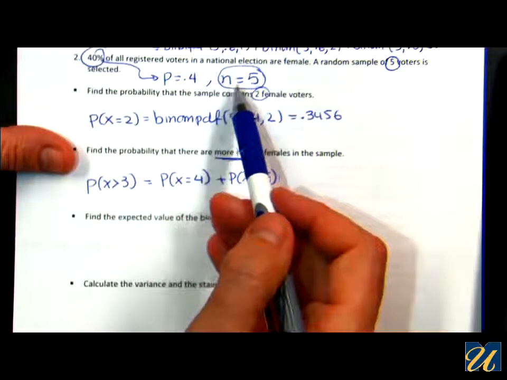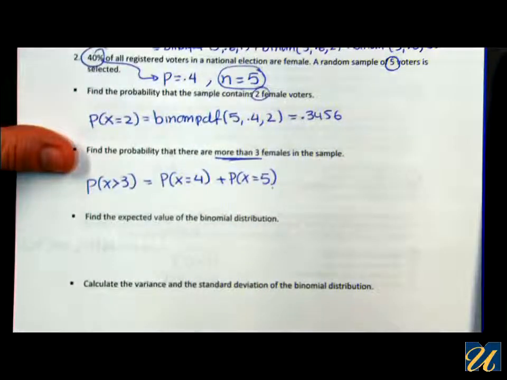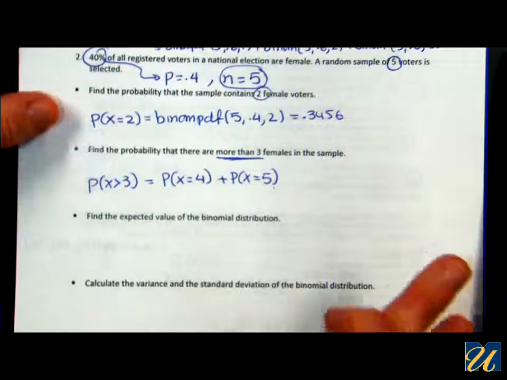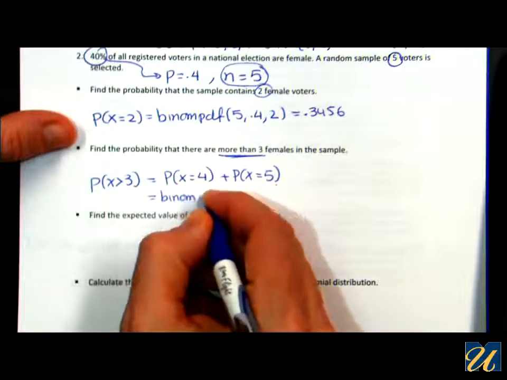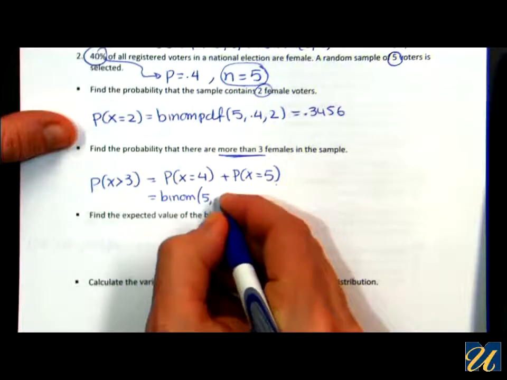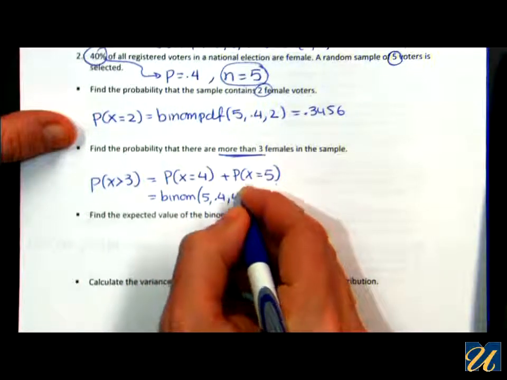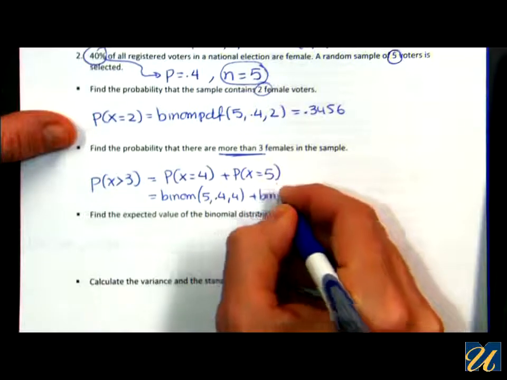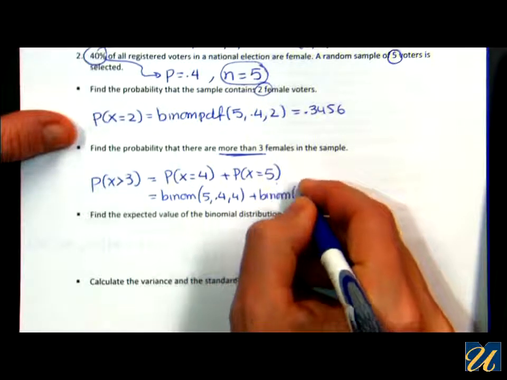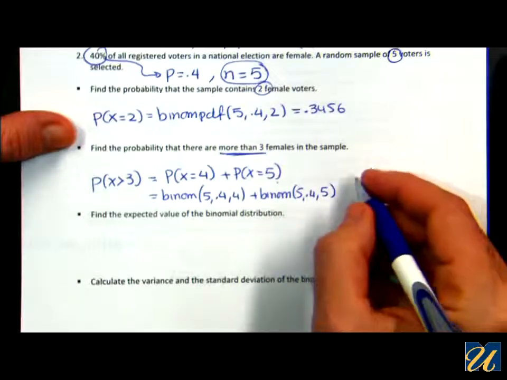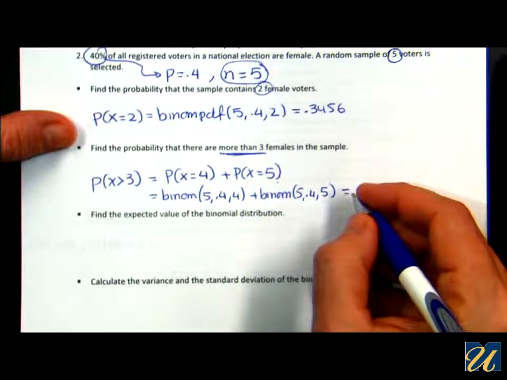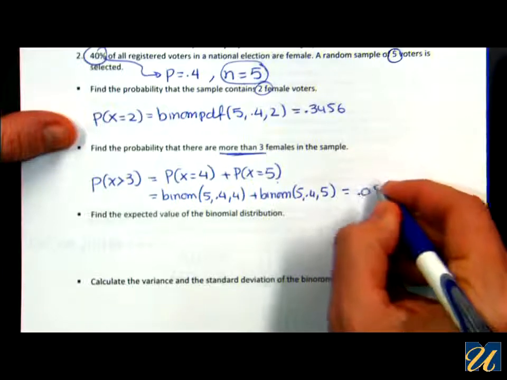If your sample size was 10, you would have to go all the way to 10. Now, you will do binomial PDF for each one, 5, 0.4, 4 plus binomial PDF 5, 0.4, 5. And the answer will be 0.087.